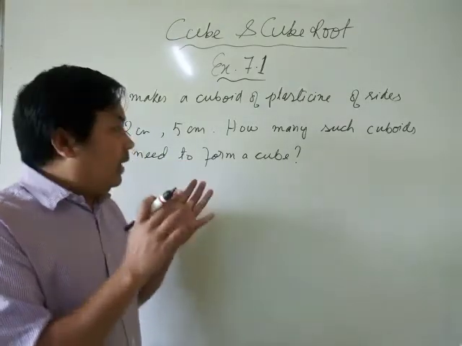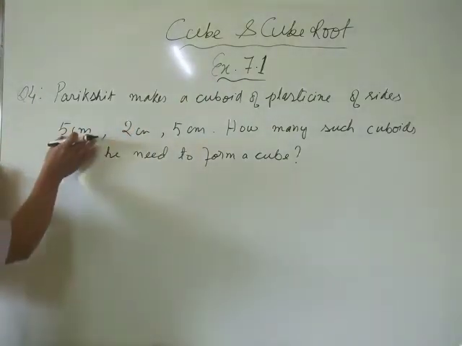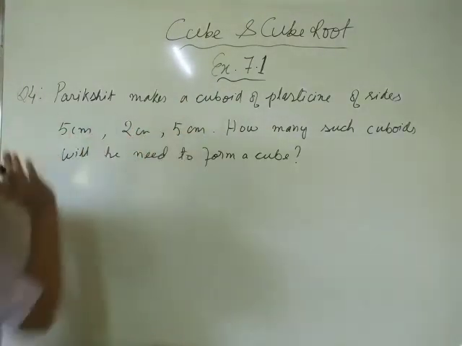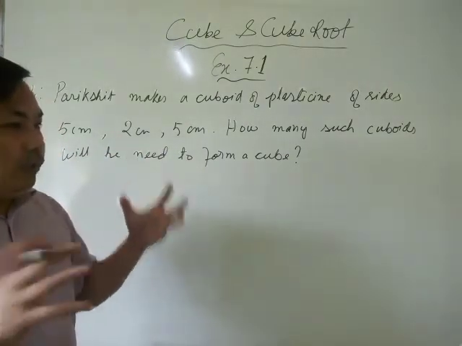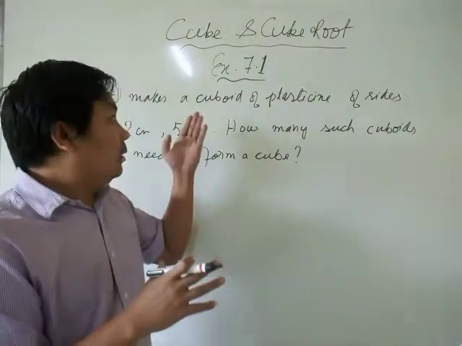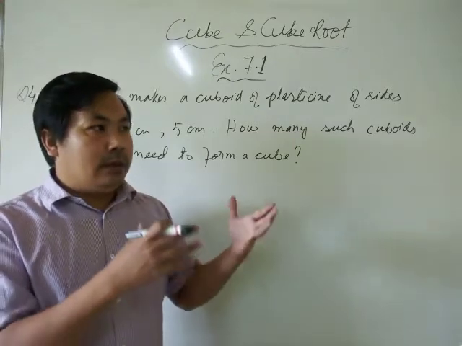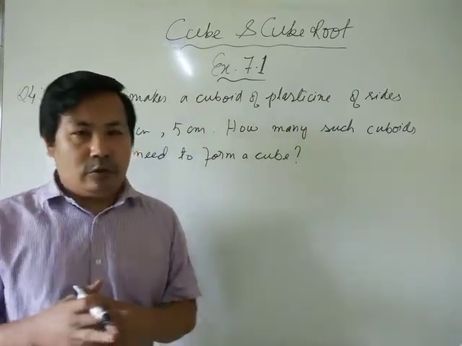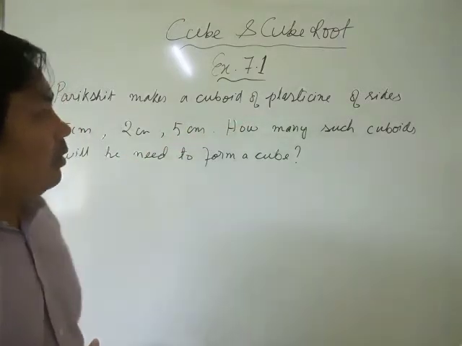He has a cuboid with sides 5 centimeter, 2 centimeter, and 5 centimeter, and he will group such cuboids together to make a cube where the number of cuboids is the same along the rows and the columns. So let's find out how many of the plastic cuboids are required here.